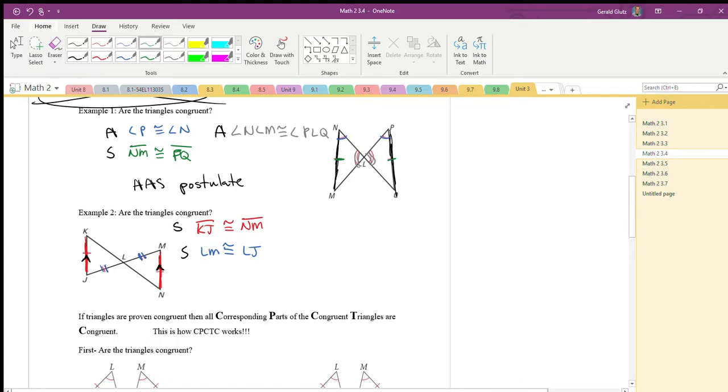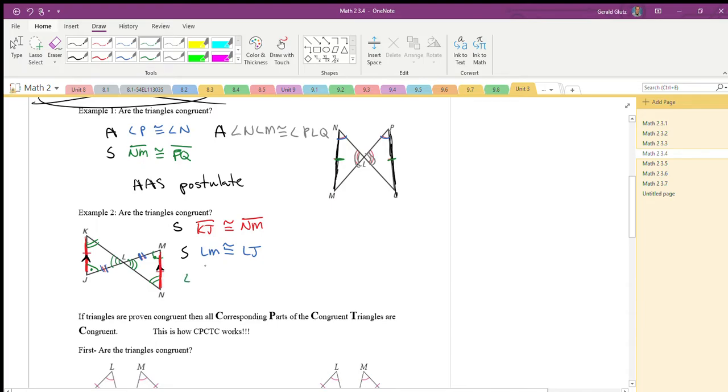Since these are parallel, this angle and this angle are going to be congruent because of alternate interior angles. So they're on alternate sides, one's above, one's below of this transversal. So it's transversal because it touches both the parallel lines. And they're in between the two parallel lines. These are also alternate interior for the same reasons, and then these are vertical angles. So all those angles are congruent. So I can name any of these angles.